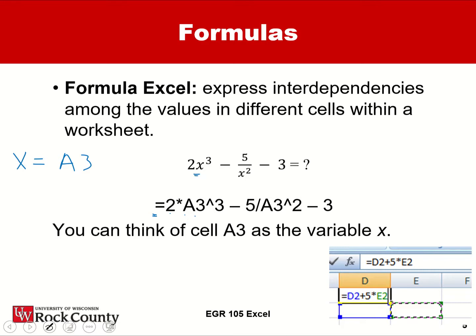That's our value of x, whatever x is. It is cubed, minus 5 divided by A3, or x squared, minus 3. Now we can change this cell A3 to any value we want, and it will calculate it for us. It's very nice and handy that way.